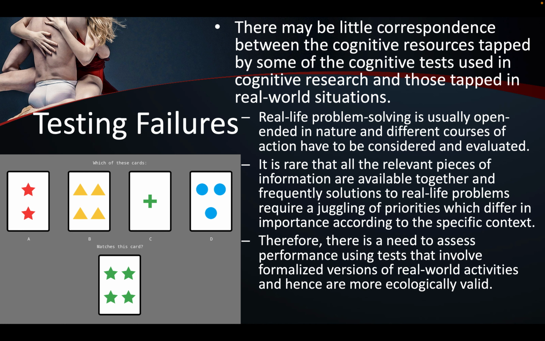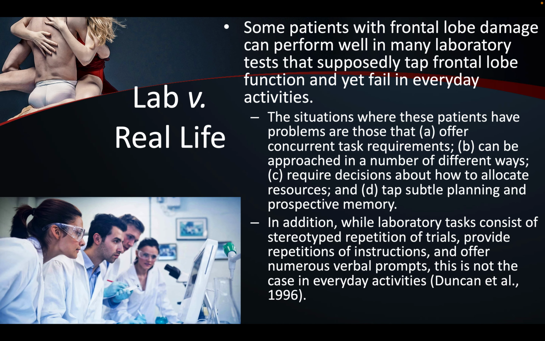Therefore, there is a need to assess performance using tests that involve formalized versions of real-world activities and hence are more ecologically valid. Some patients with frontal lobe damage can perform well in many laboratory tests that supposedly tap frontal lobe function and yet fail in everyday activities.